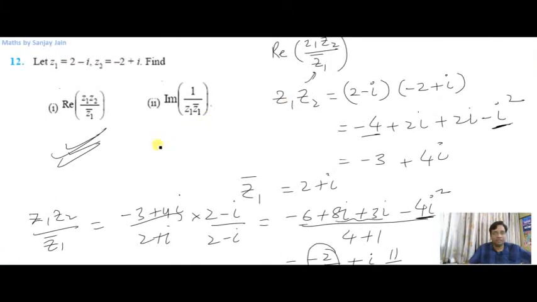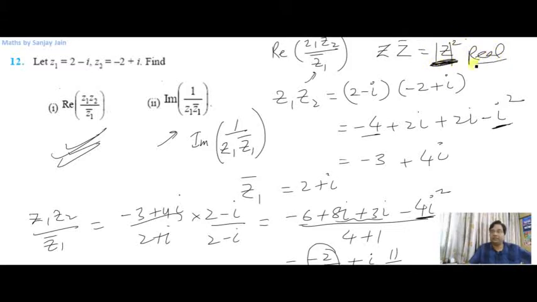Okay, let us look at the second part. Second part, I want to calculate the imaginary part of 1 by z1 bar. So how can there be an imaginary part? Because I know z z bar is equal to mod z squared, which is a real number, right?